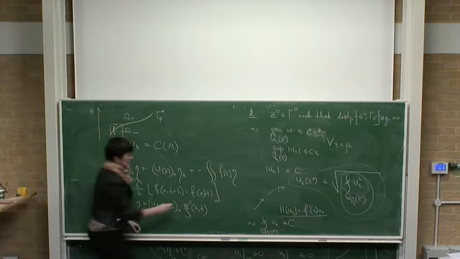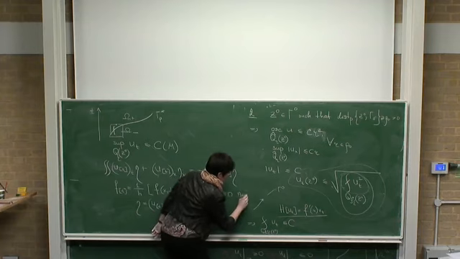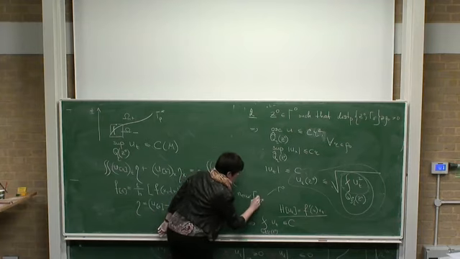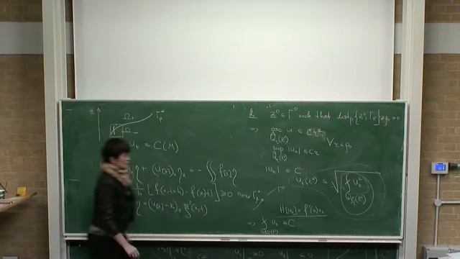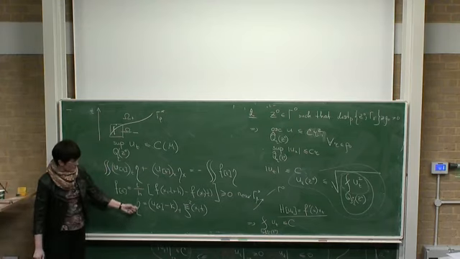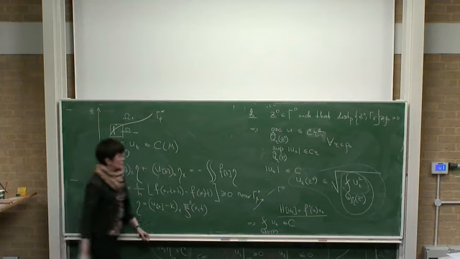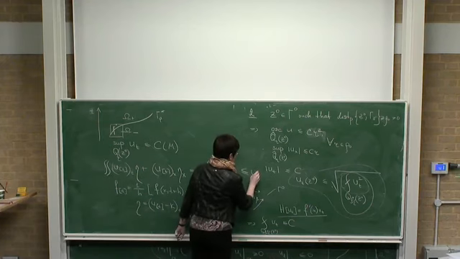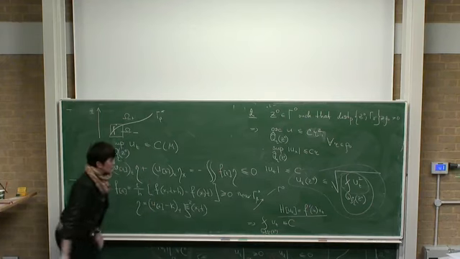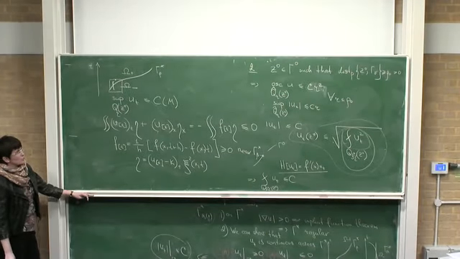So this construction is always non-negative near gamma star. And we choose our test function in such a way that it's also non-negative. So I can conclude that I have such an inequality.